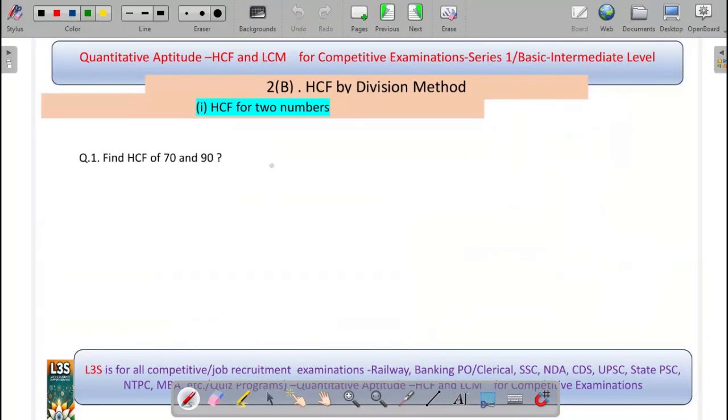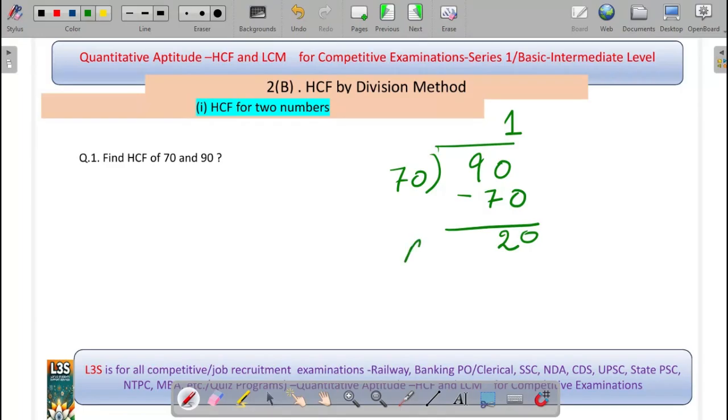Let's do another HCF of two numbers by the division method. So 70 and 90. Here 90 is the bigger number and 70 is the smaller number. So we will divide 90 by 70. 70 into 1 is 70.